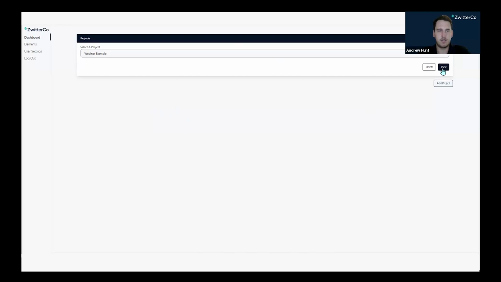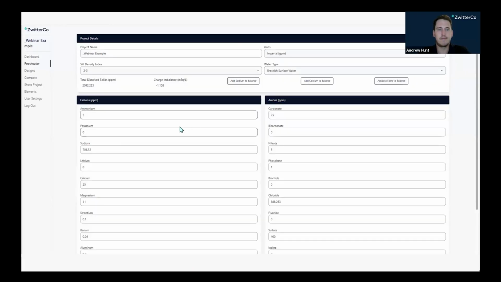And this will take you to the next screen, which is your water quality. So you can see here, you have the water quality. It includes unit selection for water type. We can also specify all major ions.